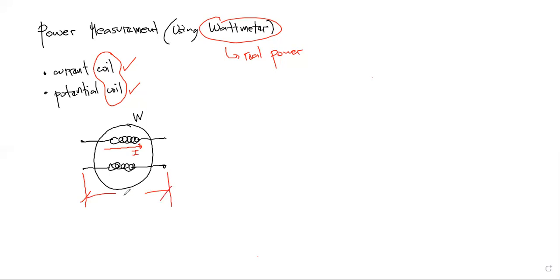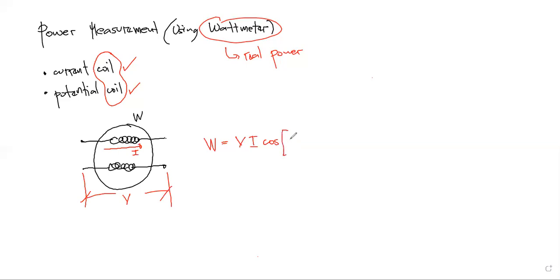Assuming that this would be voltage V, then the wattmeter reading is equivalent to the magnitude of the voltage V, times the magnitude of the current I, multiplied by the cosine of the angle between the voltage and current.